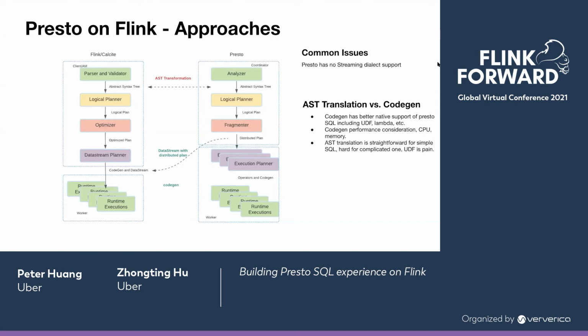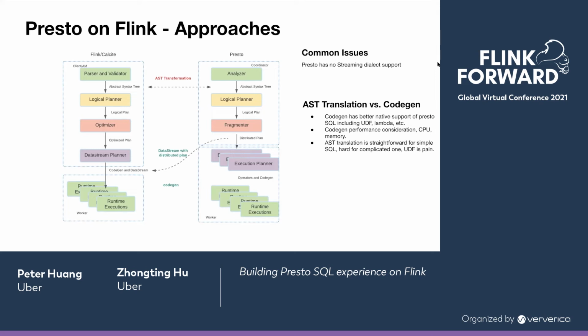And once this raw Java code has been generated, during the runtime execution phase the worker uses the JIT compiler to compile this code on the fly and generate the real machine code to be executed. So there is a lot of difference in the code generation part between the two engines.